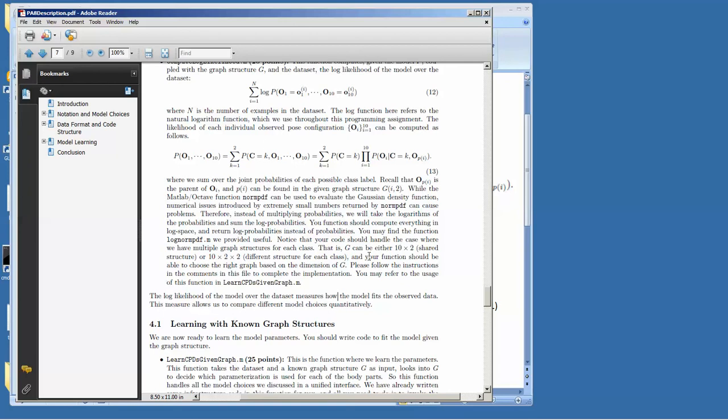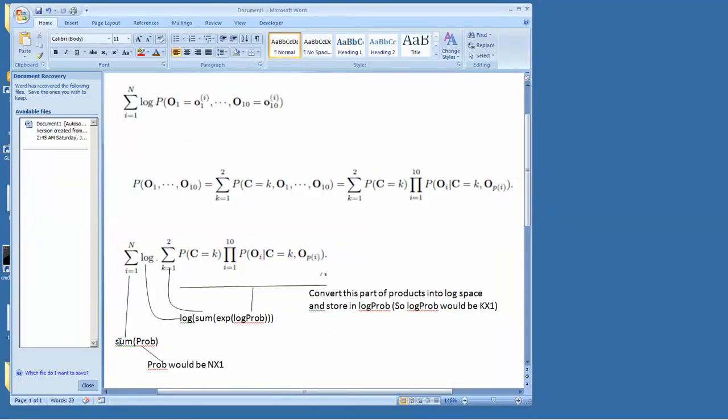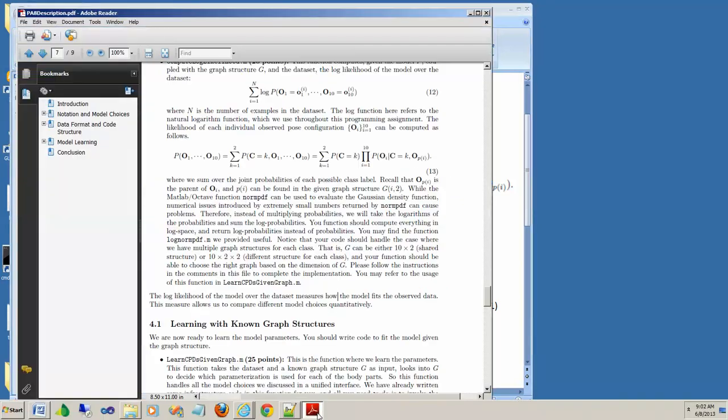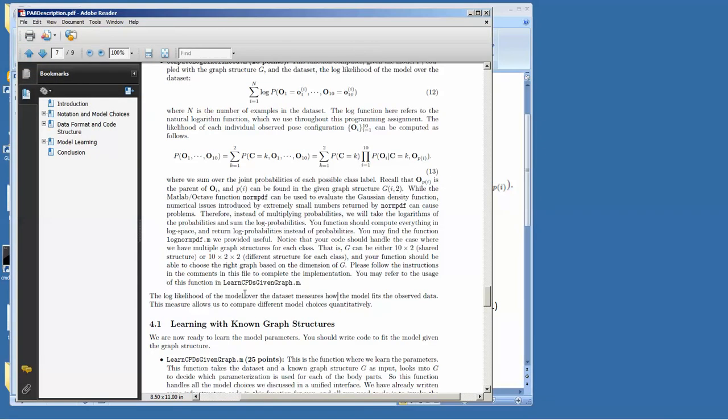I think this part is sometimes the confusing one, which is why I tried to make this video. Hope it is helpful. But one last thing I will say: for compute log likelihood, please do not lose track of what it actually means. I'll say it one more time: it is the log likelihood of the model on the data set.